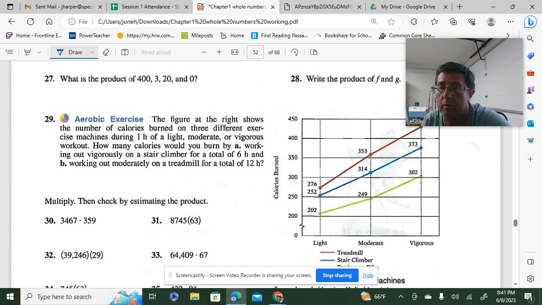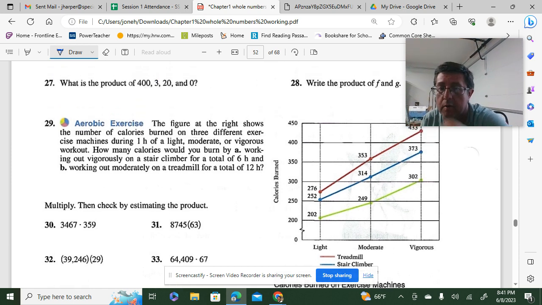So, we go, stair climber is the blue line, vigorously would be 373.